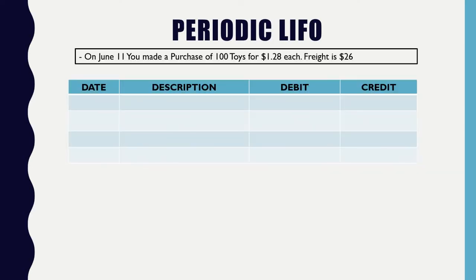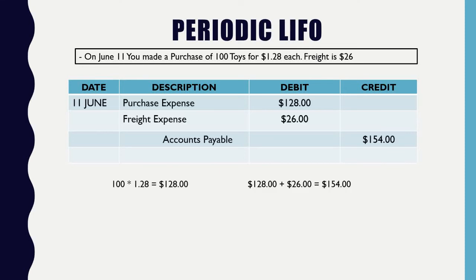Then the next scenario says that on June 11, we made another purchase of 100 toys at $1.28 plus freight of $26. Same thing here: a purchase expense and a freight expense of $128 and $26 respectively.